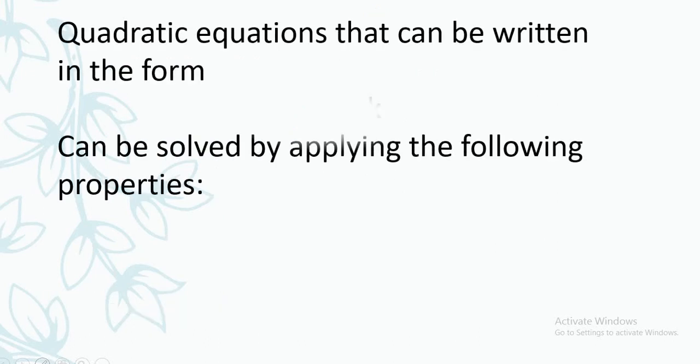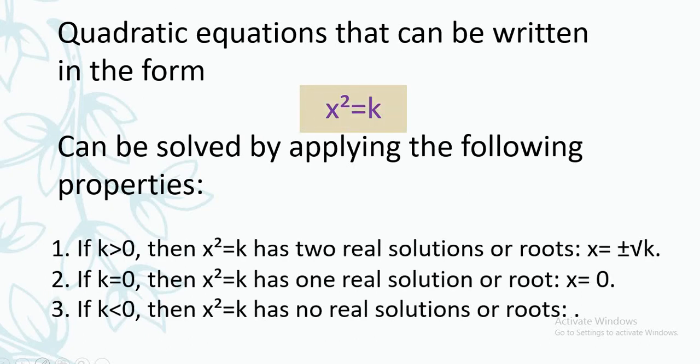Now, quadratic equations that can be written in the form x squared is equal to k, where x squared is our quadratic term and k is the constant term, can be solved by applying the following properties. Number 1, if k is greater than 0, what numbers are greater than 0?